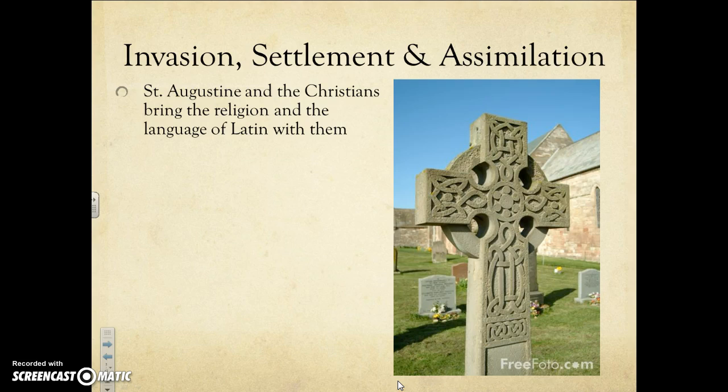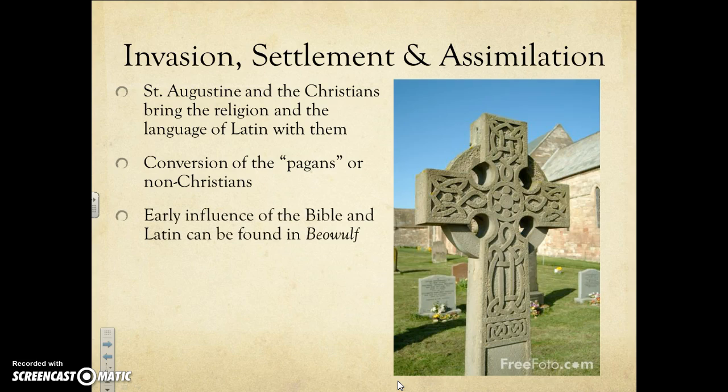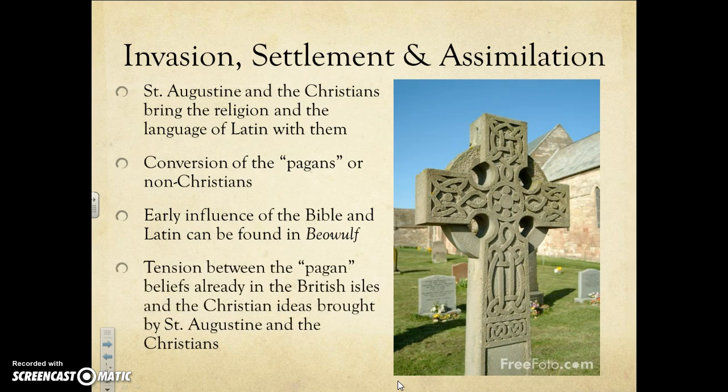St. Augustine and the Christians brought not only Latin, but the Christian religion with them. Before the Christians arrived, quote-unquote pagan, that was the Christian term, or non-Christians, was the belief system of the people of England. Early influence of the Bible and Latin can be found in Beowulf, one of the first texts that we're going to be reading, and actually the first text to be recorded in English, written down in English.